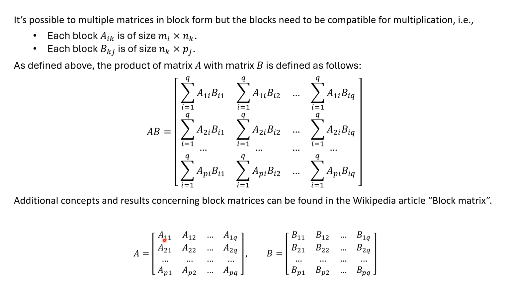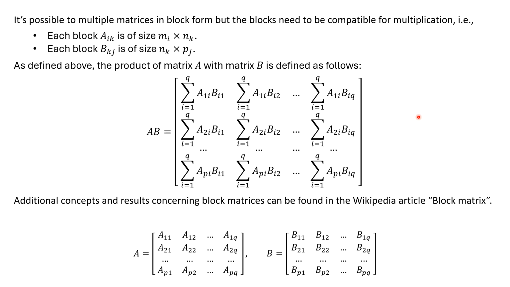Let's take this one here as an example. You would take A11 times B11 plus A12 times B21 plus dot dot dot A1Q times BP1. Add all those products together, and you get this term here. Then the next term would be the first row of blocks in A times the second column of blocks in B, and so on, up to the first row of A times the last column of B, and then you would just proceed.